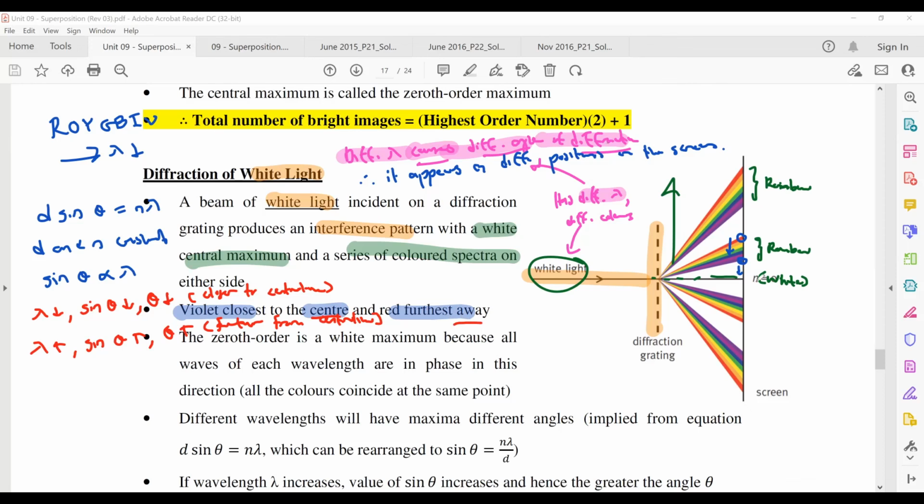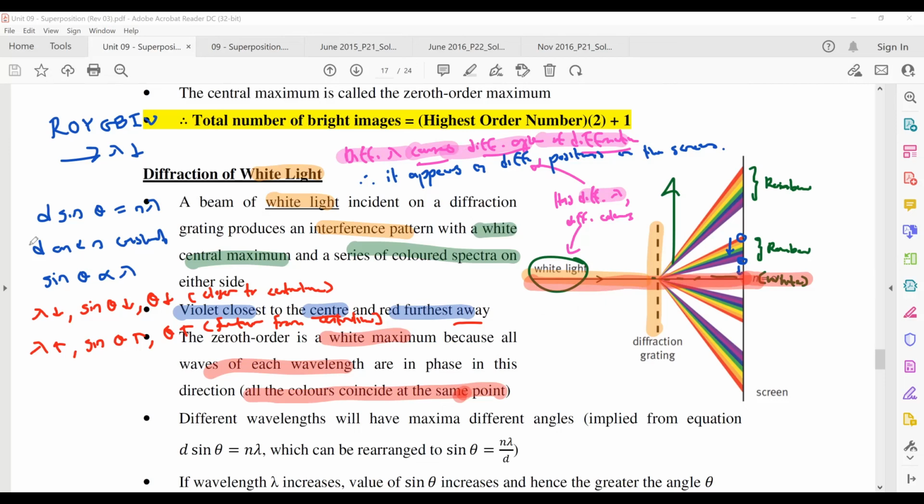Okay, now as for why the center maxima is always going to be white, it's because all the waves hit the same spot. The waves of different wavelength all hit exactly the same spot. The center line is where your angle of diffraction for all the different colors is 0.